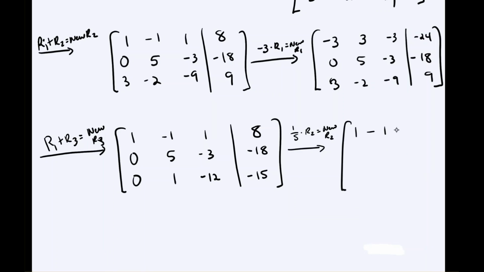Everything else is unchanged, so I'm just going to copy it out. So 0 times 1/5 is 0. 5 times 1/5 is 1. Negative 3 times 1/5 is negative 3/5. And then 1/5 times negative 18 is negative 18/5.